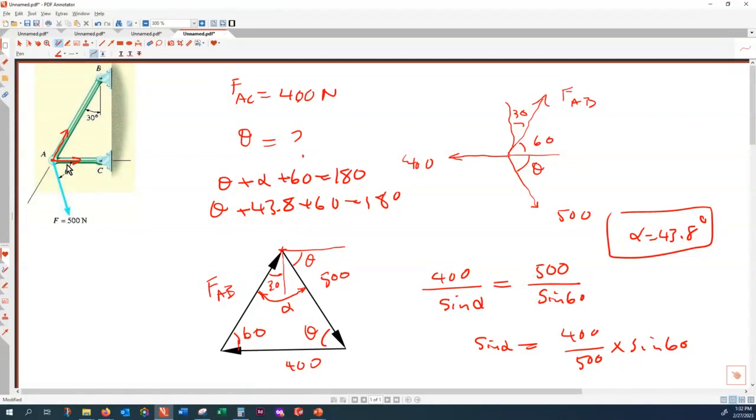So I know that this is theta, and so this angle is 60. If this is 60, what else can we say?